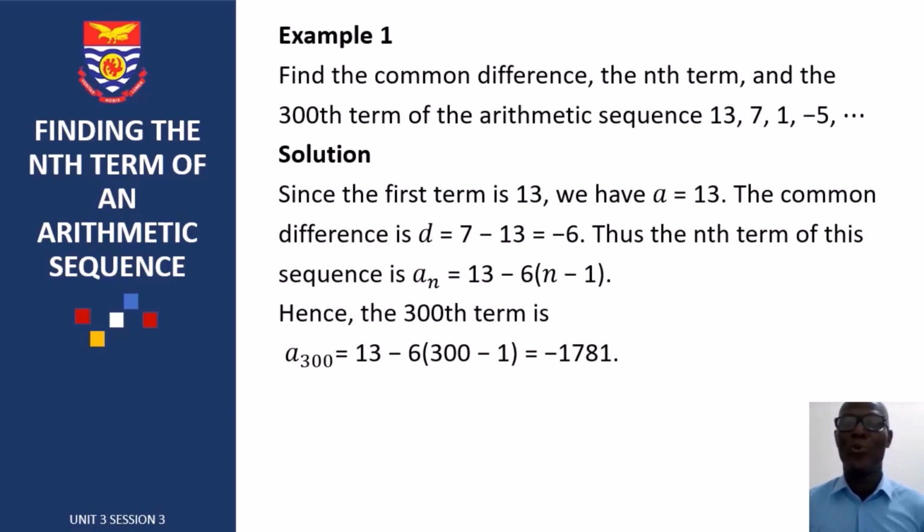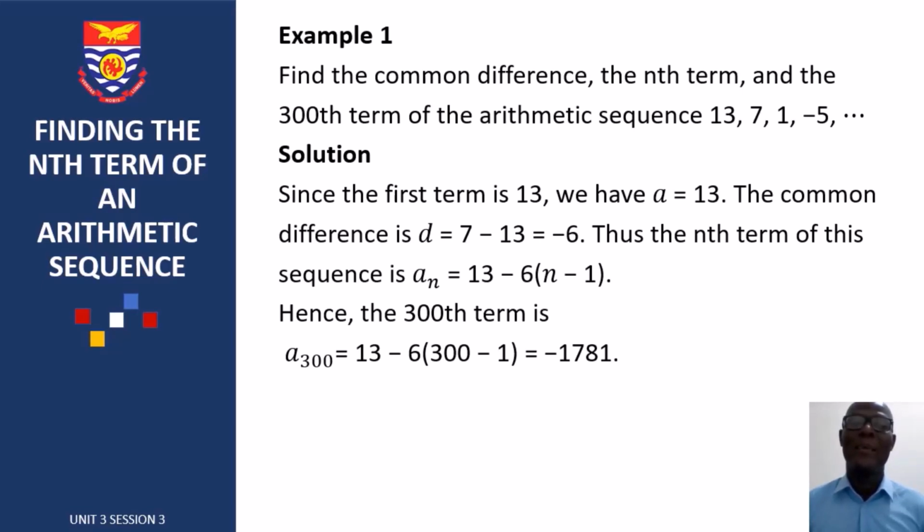Now that we know our first term and the common difference, then we can obtain the nth term. If the nth term is A subscript n is equal to A plus into braces n minus 1 D, then in place of A, we write 13, that is the first term, then plus the common difference, which is -6, then into braces n minus 1.